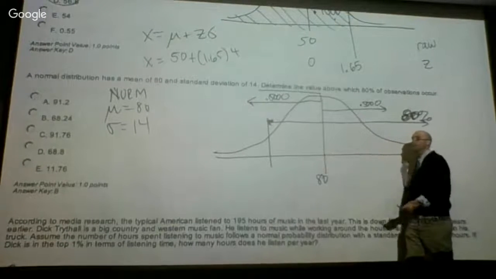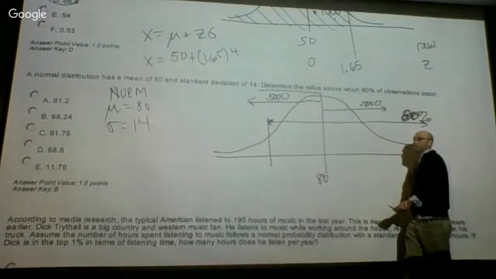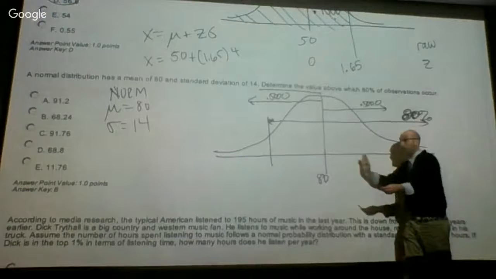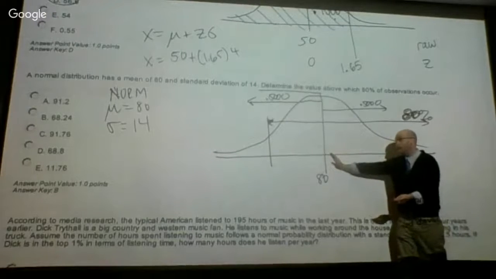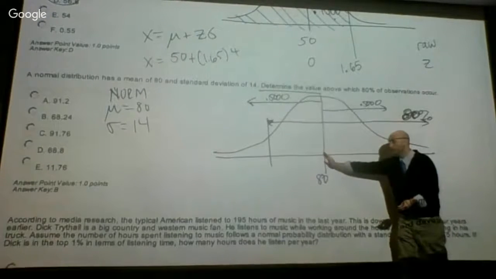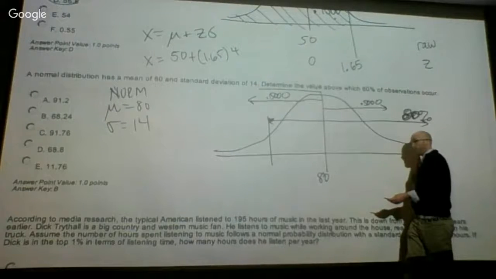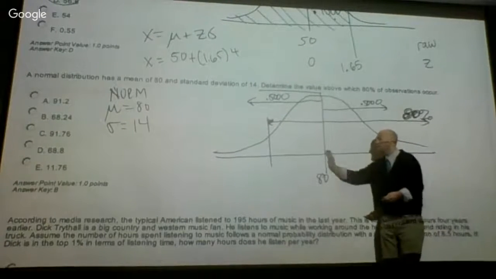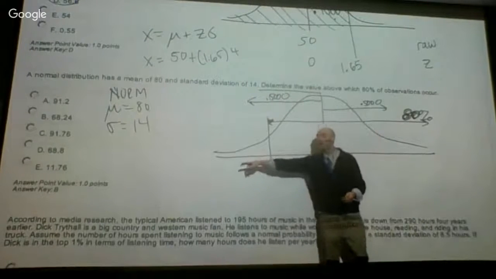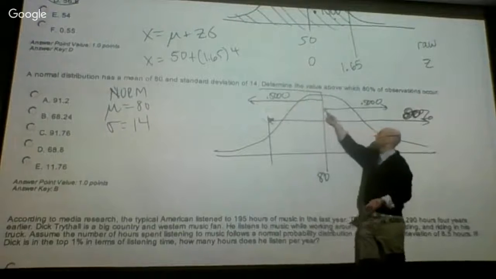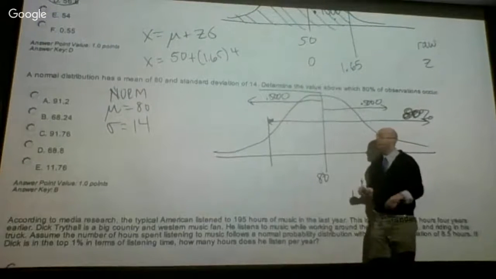From the mean over? 50%. If I start at the mean in a normal distribution, it's also the median. So that's going to be 50% of stuff over here. So how much of stuff is from the mean over that way? 50%. Good. 50% of stuff is here. 50% of stuff is here.